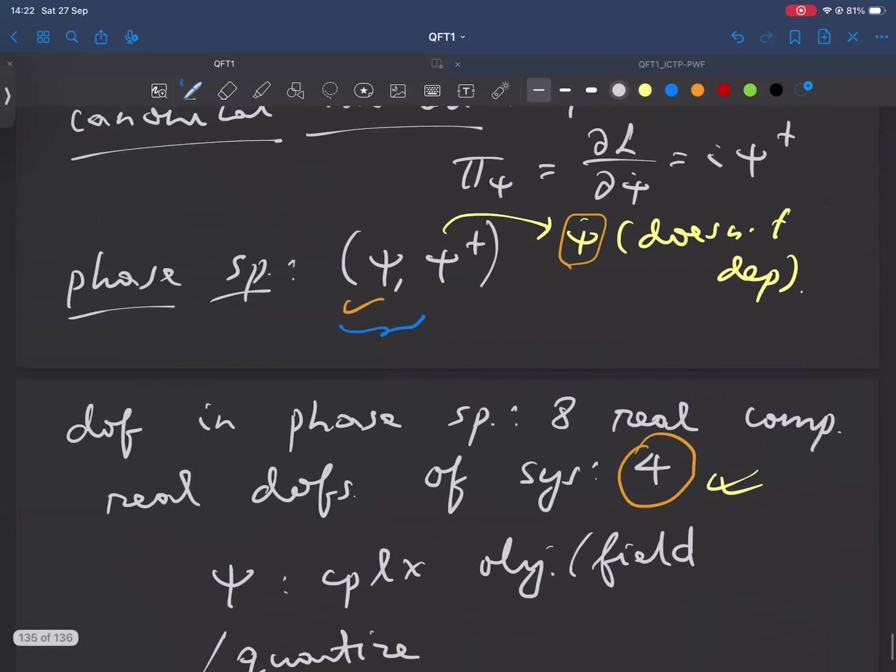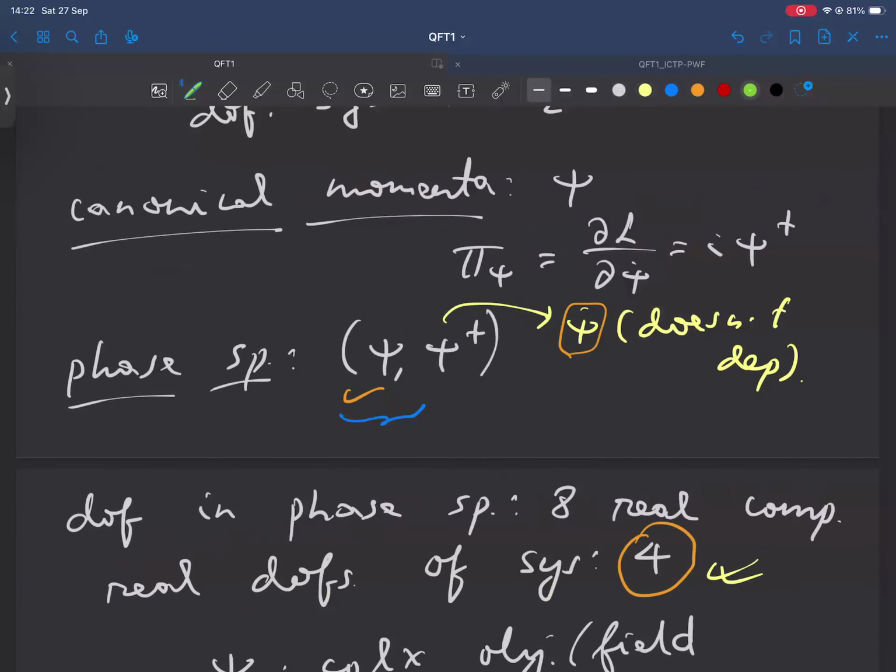One thing I must say here: if it feels weird that the conjugate momentum for a field is just the conjugate of the field itself and not something like psi dot, then recall that this happened because the Dirac Lagrangian was first order in the field psi, unlike the Klein Gordon case.